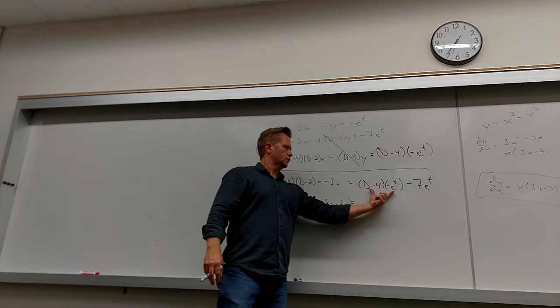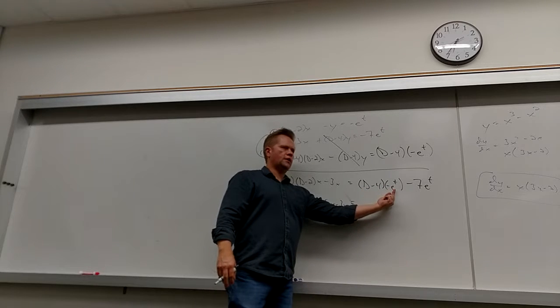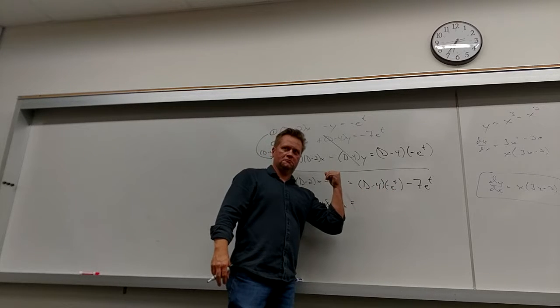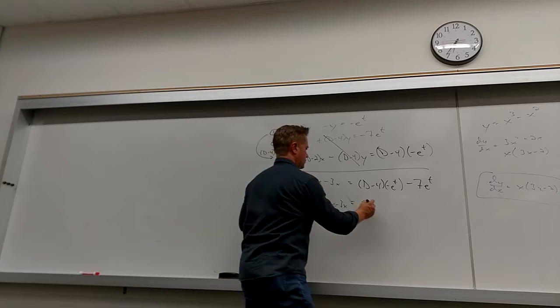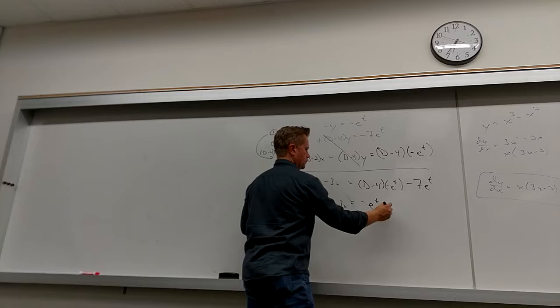What does this mean? So the derivative of that is that. And then negative 4 times this is 4.